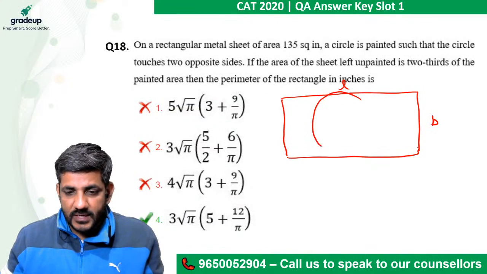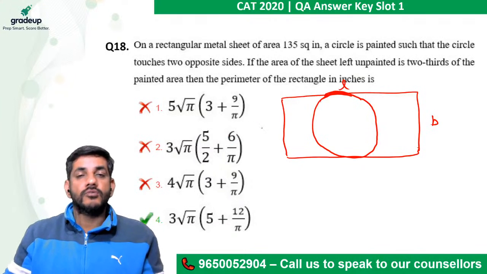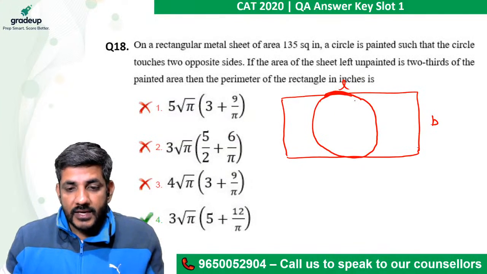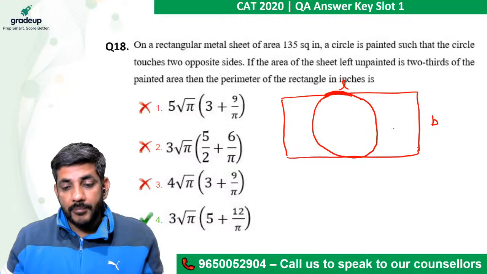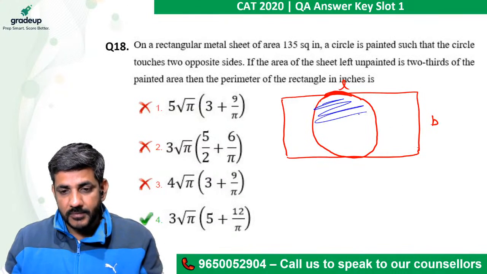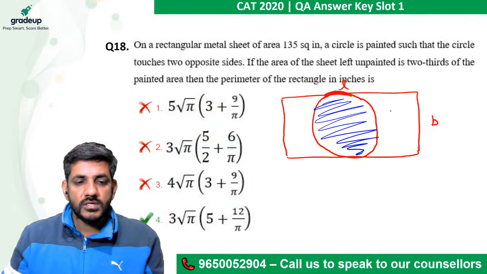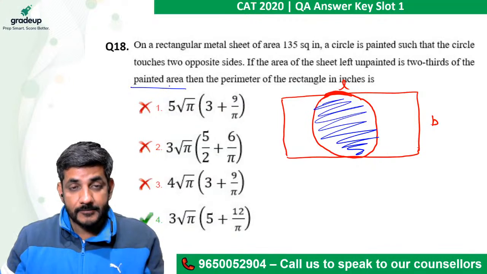So obviously it cannot touch the shorter sides, it will touch the longer sides. Otherwise the circle will go outside, right? The area of the sheet left unpainted. Acha, this circle is painted. So this circle has been painted. So area of the sheet that is unpainted is 2/3 of the painted area, right?